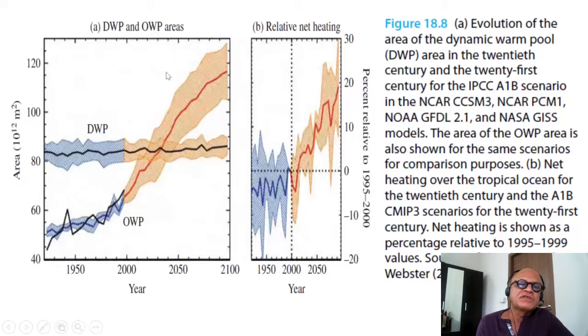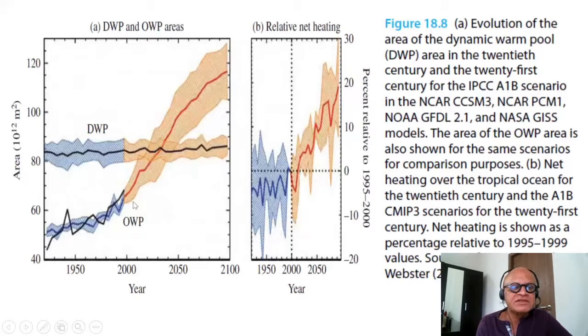If you now consider the area where the integrated columnar heating increases as the dynamic warm pool, and area of SSTs greater than 28 degrees centigrade as the oceanic warm pool, you can see that there is a very surprising result here.